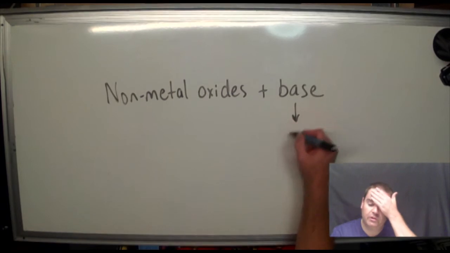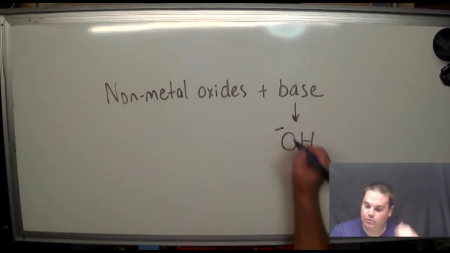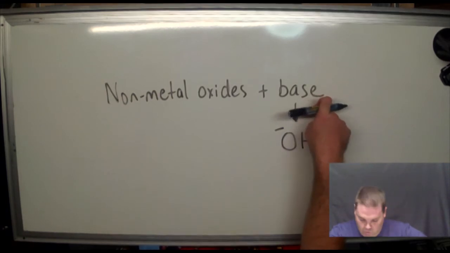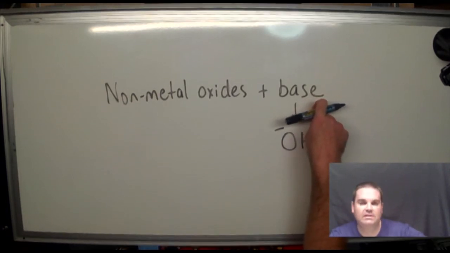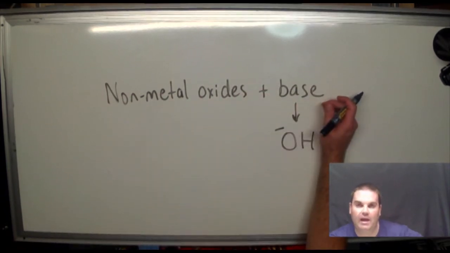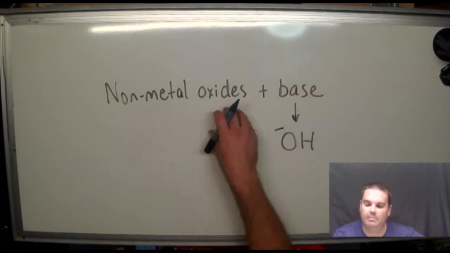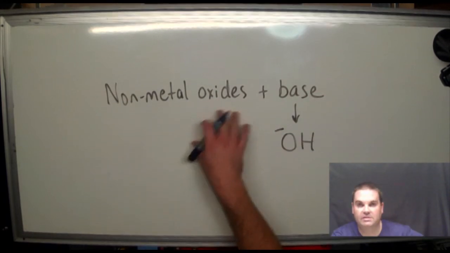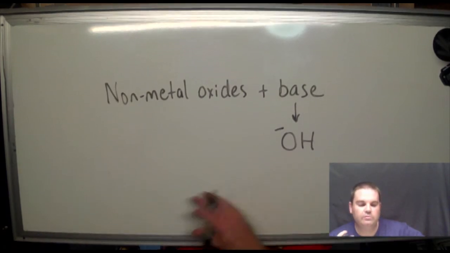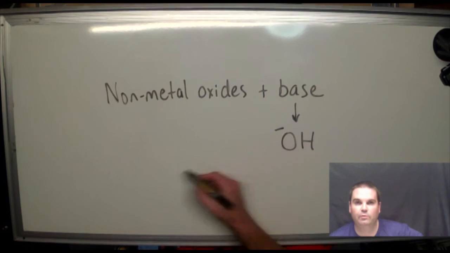What we quite often refer to for a base is actually just the hydroxide ion, OH-. If we substitute water in here, remember water is amphiprotic, so it can act as an acid or a base. In this case it would be acting as a base to react with the non-metal oxide, which is acidic. So you'll have acid plus base gives you salt plus water. It's no different. So don't let the different things fool you.